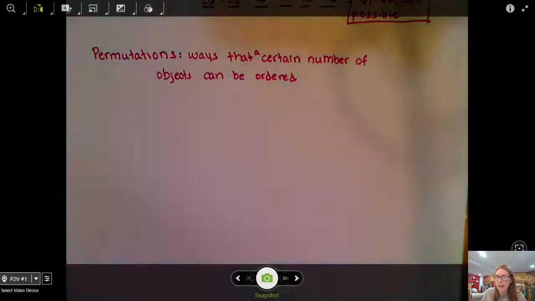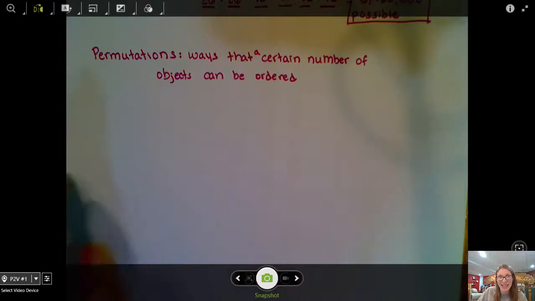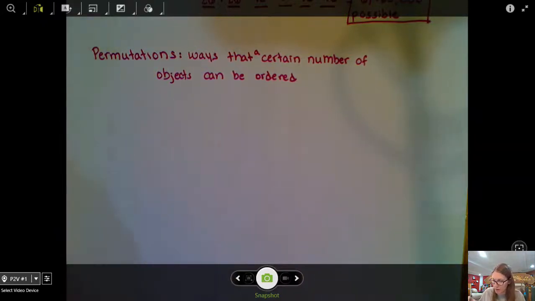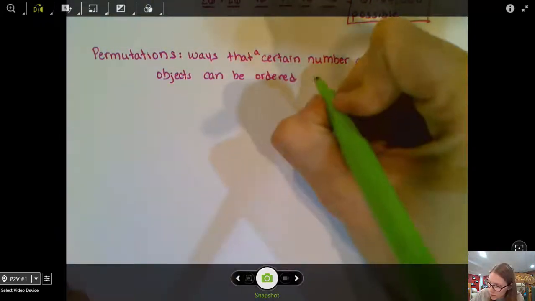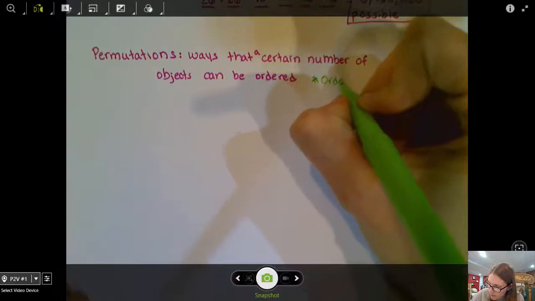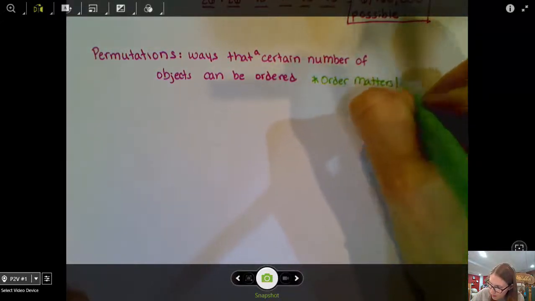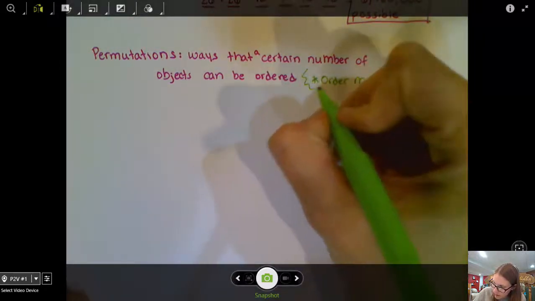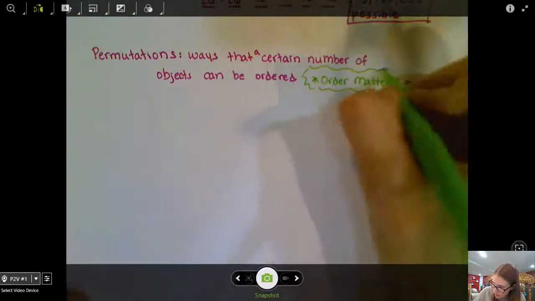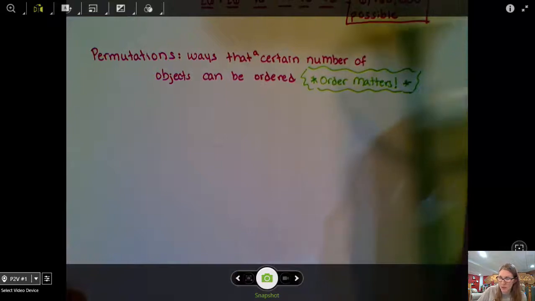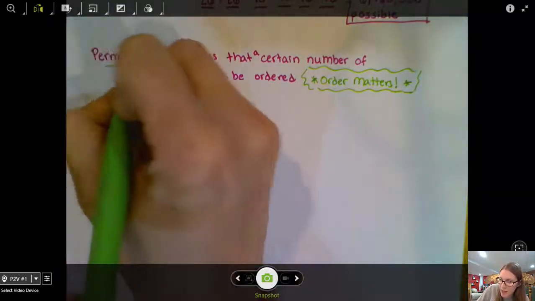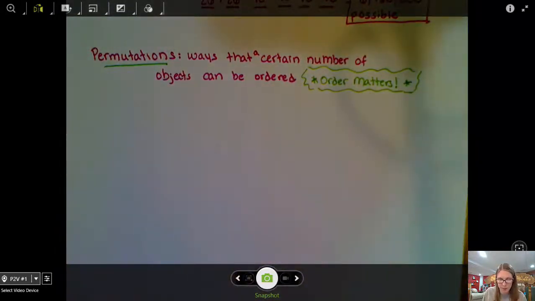So the big idea with permutations is that order matters. So I'm going to write that in a different color, star it, put a bubble around it, just so we remember that, hey, permutations, order matters.